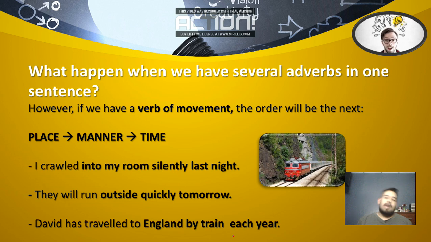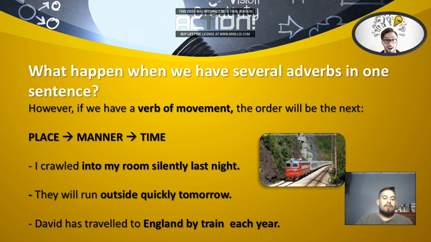However, if we have a verb of movement in our sentence, like run, like jump, like travel, like go, any other similar, the order will change, and that order will be the next. Place, an adverb of place is the first thing that we have to set.